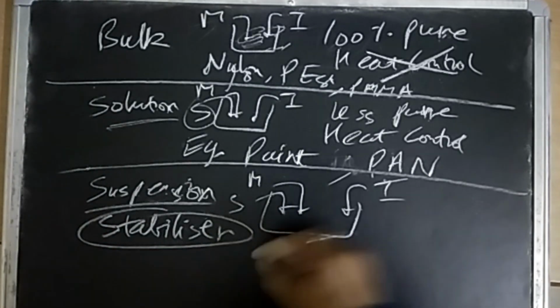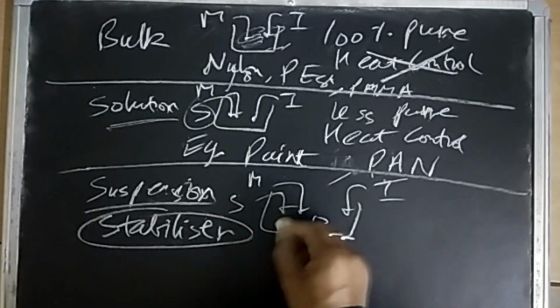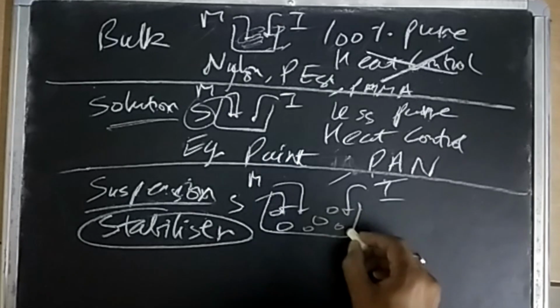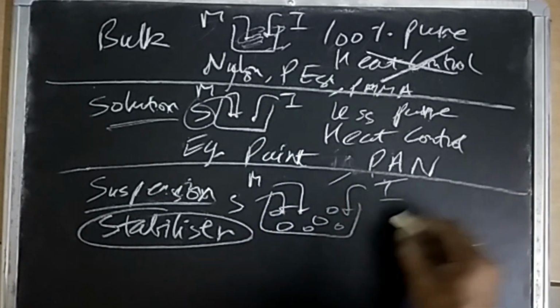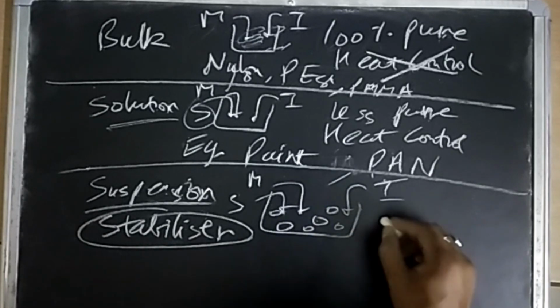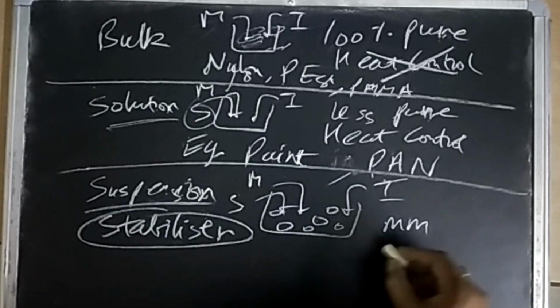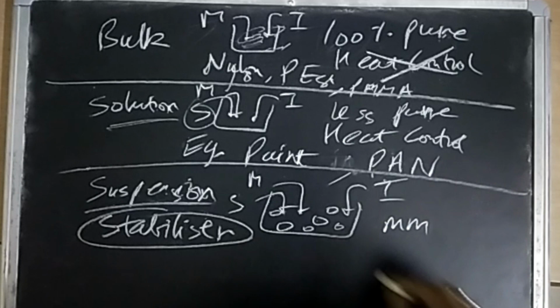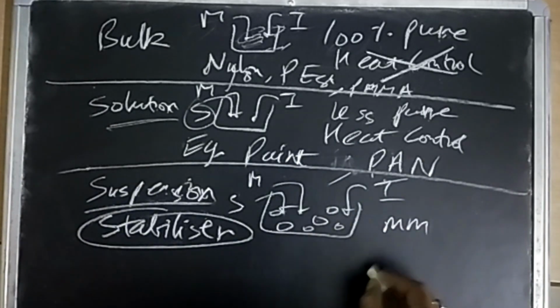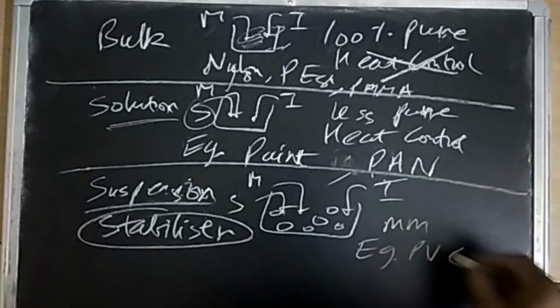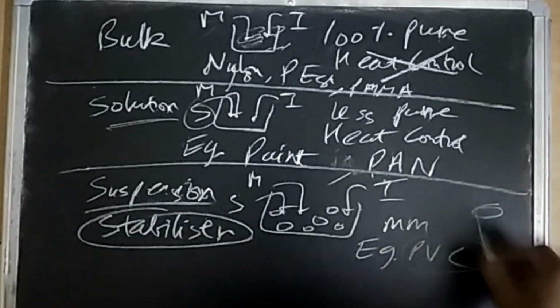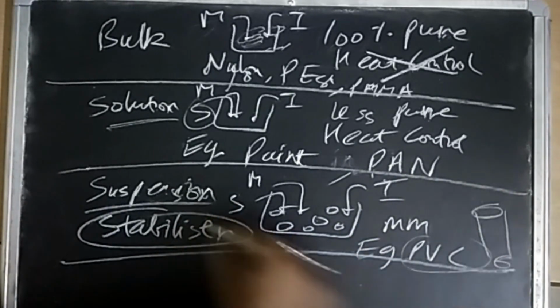This makes it stable. So small monomer droplets are separated out and a suspension is created. Because of these small sizes, about millimeter sizes, heat control is even better than solution. An example of this is PVC. These small beads, we mix them together and make a PVC rod or pipe. This is from suspension.